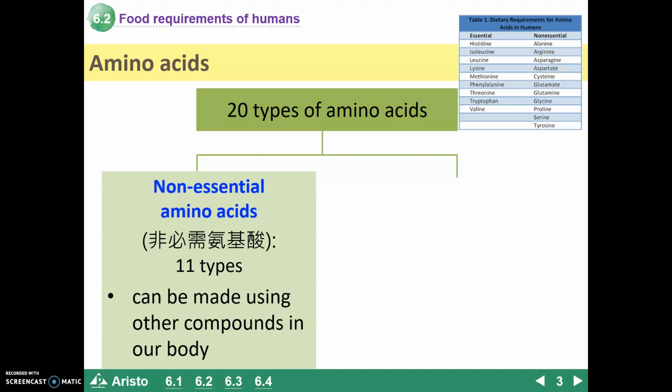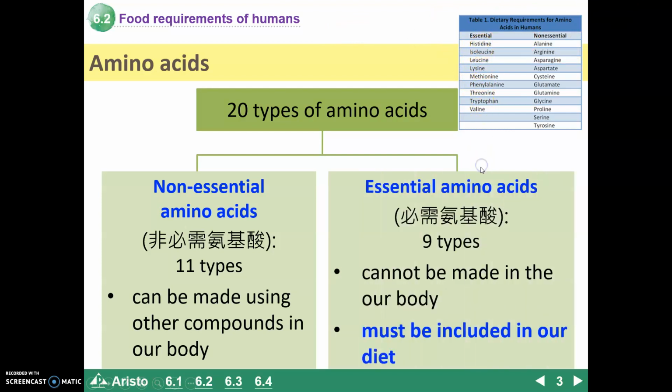So they are not that important because our body can make them. But these 9 amino acids are more important because they are essential amino acids. Our body cannot make them, even if we have lots of raw materials.